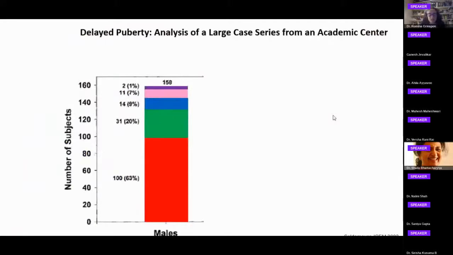Sedlmeyer published some years ago this large series of children with delayed puberty and their etiologies. It is a very nice paper.